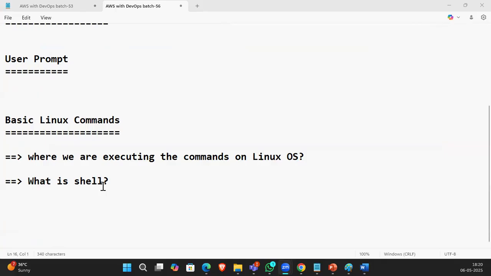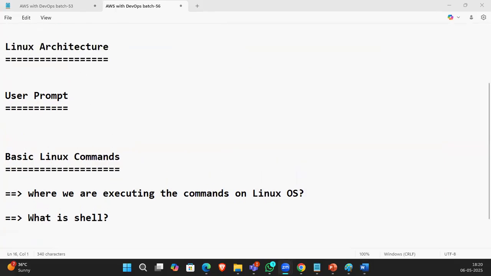Yeah. So now you understood the Linux file system hierarchy, right? Okay. So the Linux hierarchy is something like this.